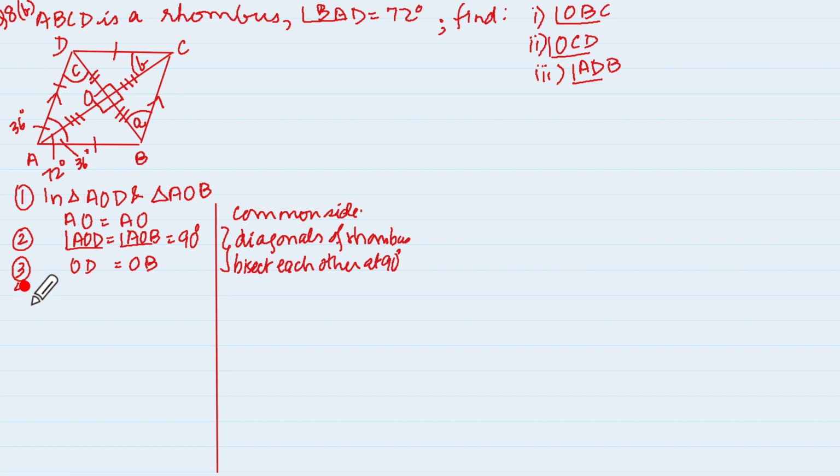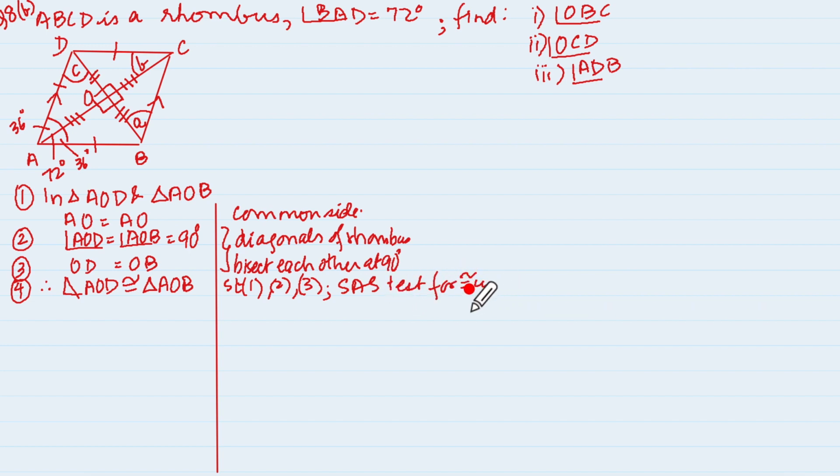Okay, that will give us the fourth statement. Therefore triangle AOD is congruent to triangle AOB by side angle side. So statement 1, 2, 3 and SAS test for congruency.